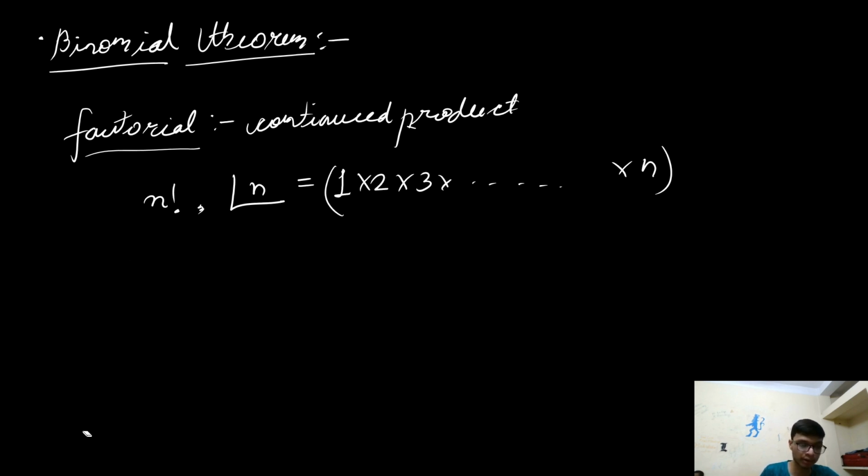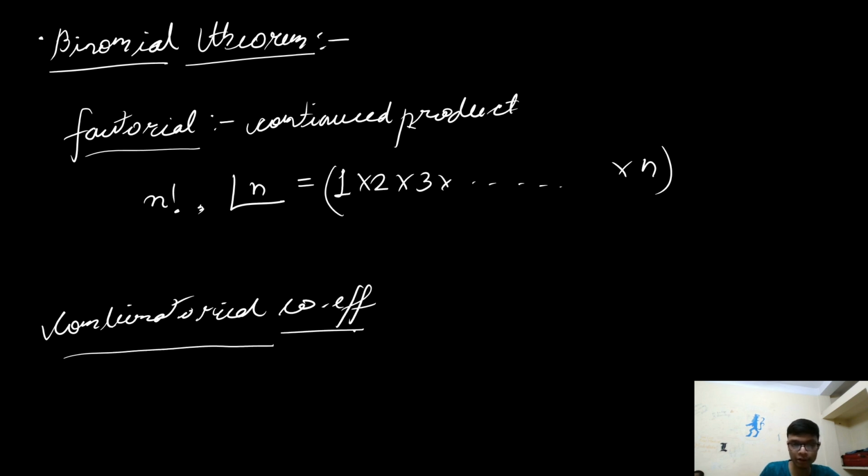Now, in this topic of binomial theorem, we need another important term that is known as a combinatorial coefficient. So what is a combinatorial coefficient? It is defined as nCr.